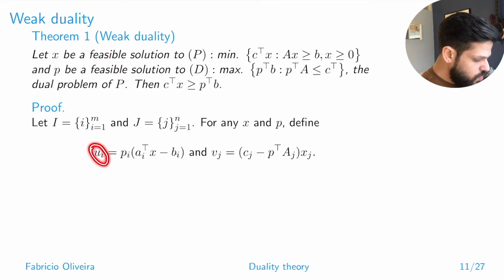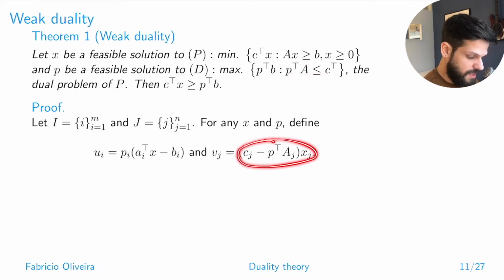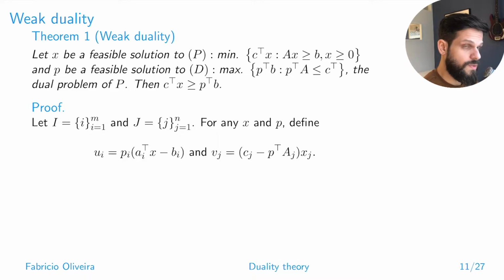This u_i term is the product between p_i and the difference between a_i x and b_i for each row. So this is the penalty term that we were talking about in the previous video. And v is a similar thing, but now looking at the equivalent when you dualize, when you relax the constraint associated with the other in the dual.